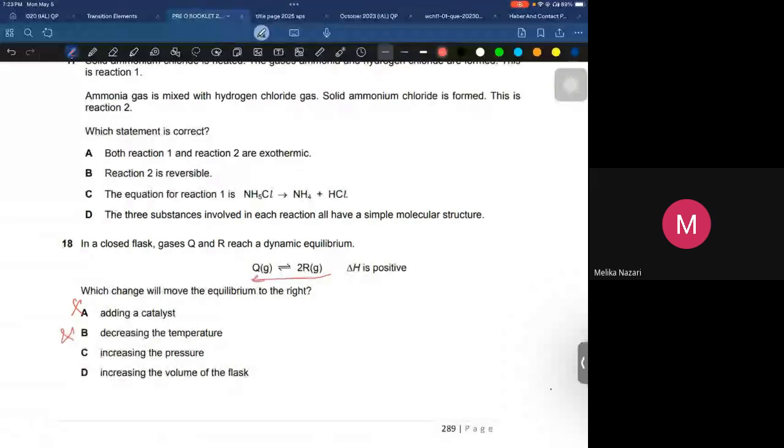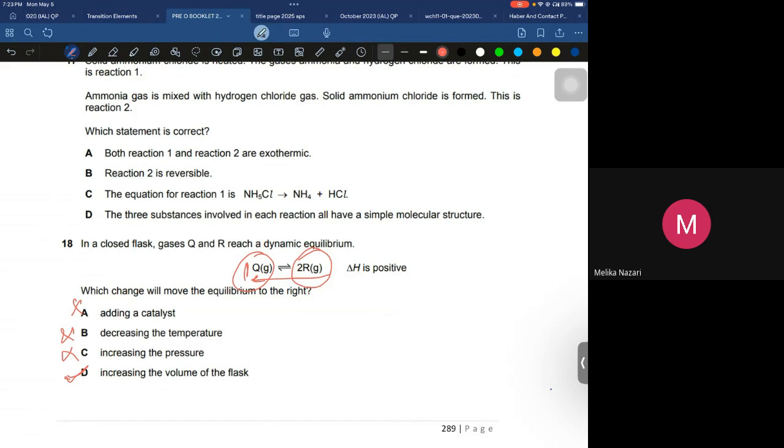Then you can see option C, increasing the pressure. Pressure means that this side has more moles and this side has fewer moles, one and two. So higher pressure moves it to the lower moles side. This is wrong because it would move to the left. Of course, there is only one option left, that is D, increasing the volume of the flask.